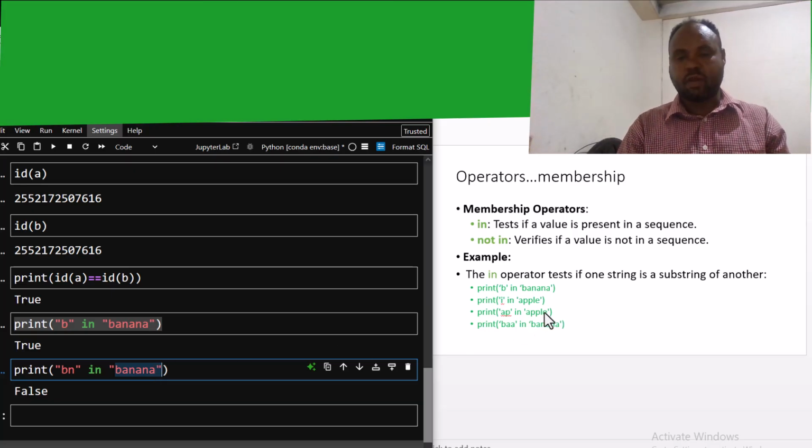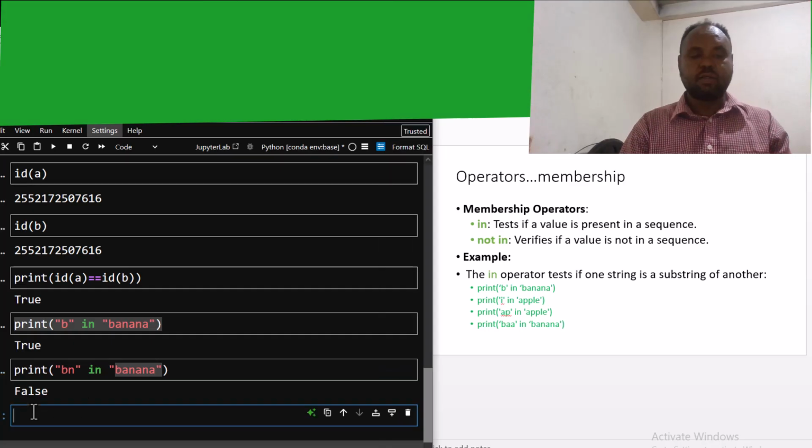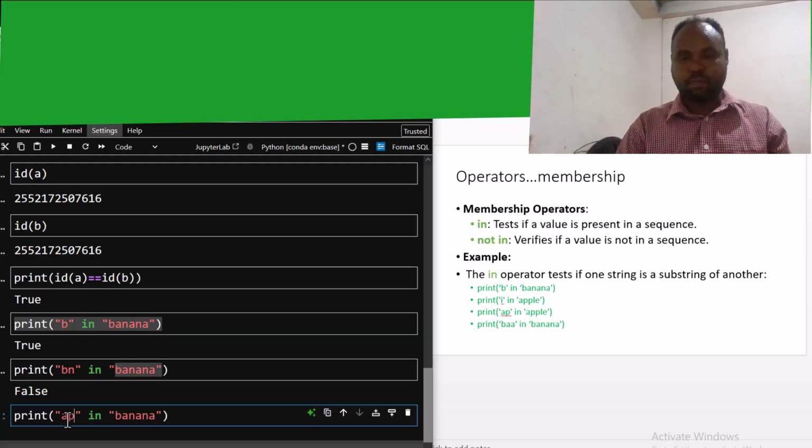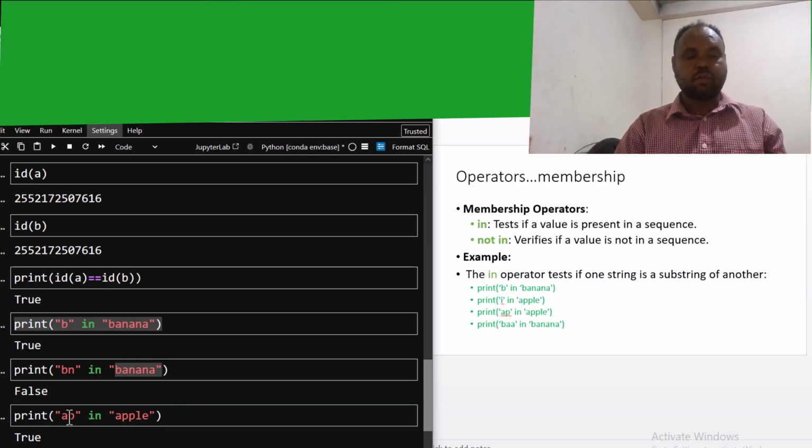Let us check this one. Print is app in apple. Apple, yes, true. This AP is here as a part of this one.